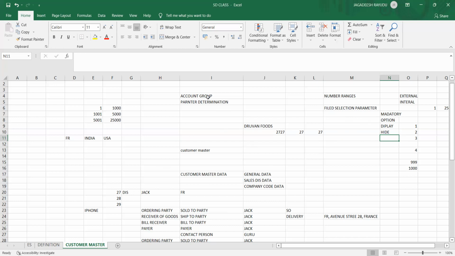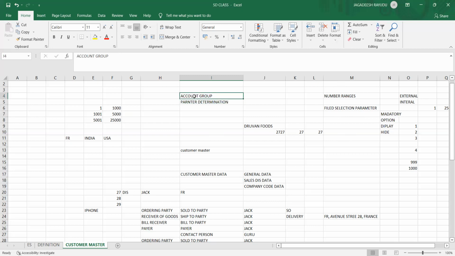This is how account group is going to control your number ranges and field selection parameters, and your partner determination is going to determine your partners. Your account group is going to control your partners also, and which number I have to give, internal or external number range. So your account group and partner determination are interlinked.